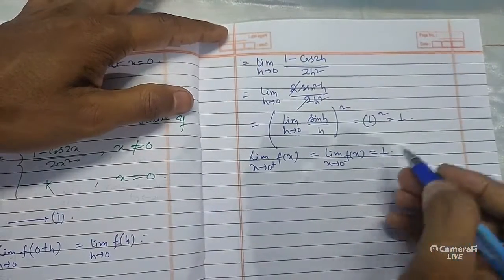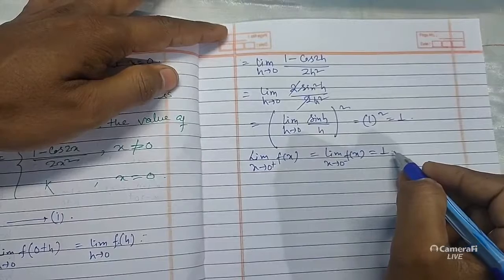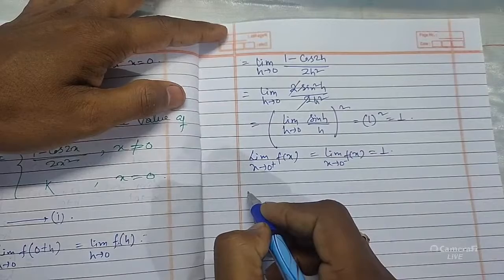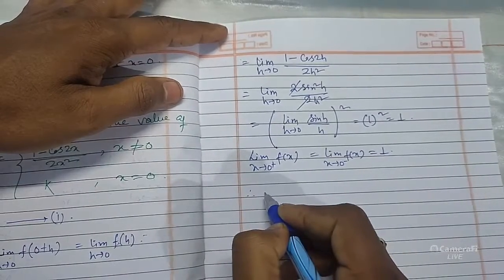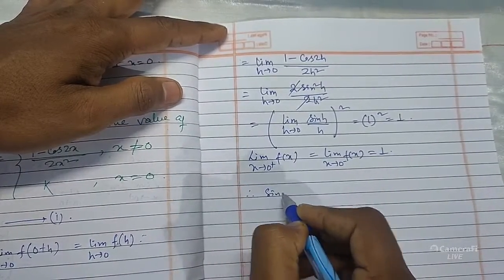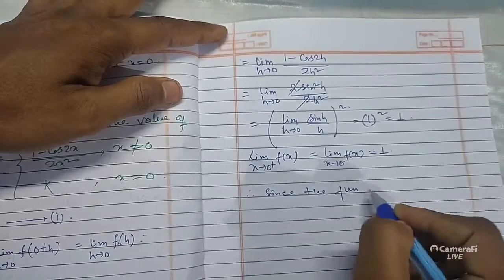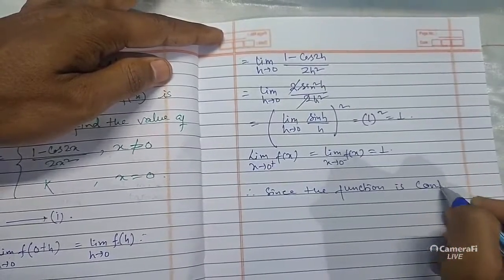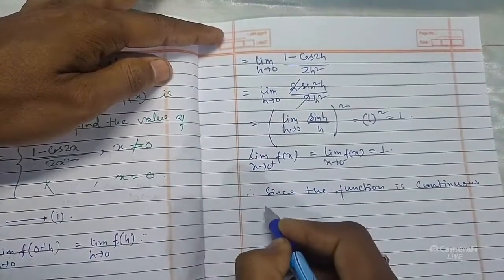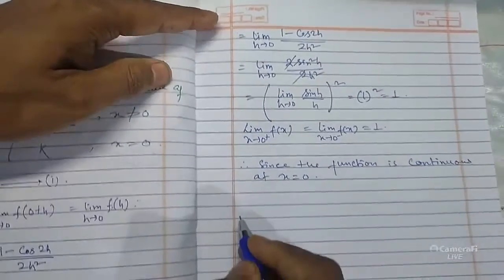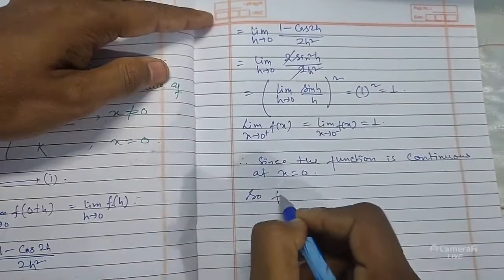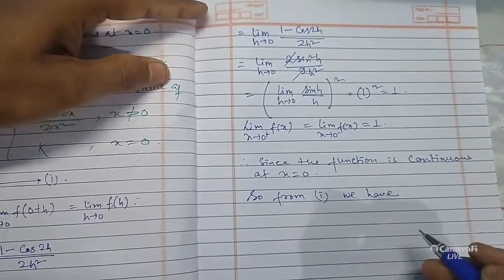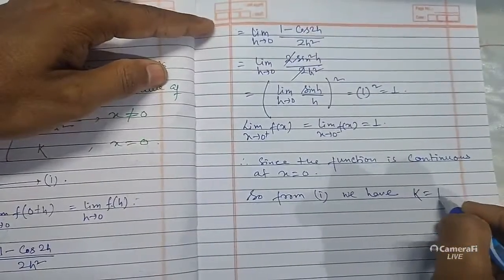Now we know that if this value is equal to f of 0, then the function is continuous. Therefore, since the function is continuous at x equals 0, from 1 we have k equals 1.